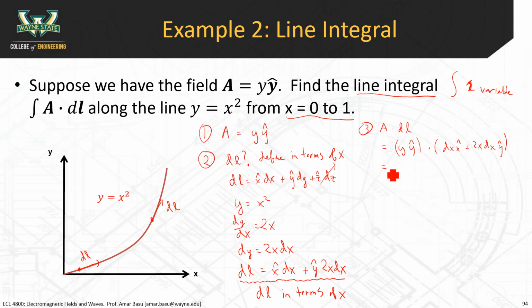For the dot product, you multiply the x components together, and we see that A doesn't have any x component, so that will be 0. So it'll be 0 plus, we multiply the y hat components together, so 2x dx times y.